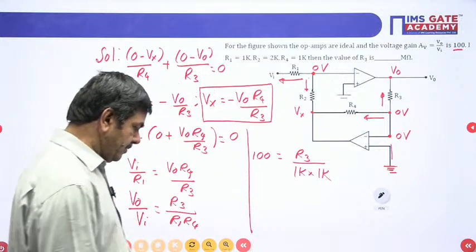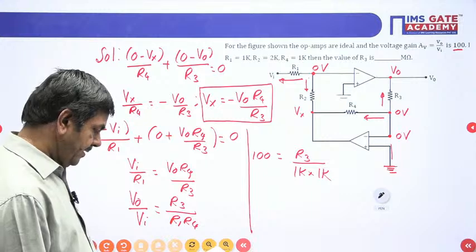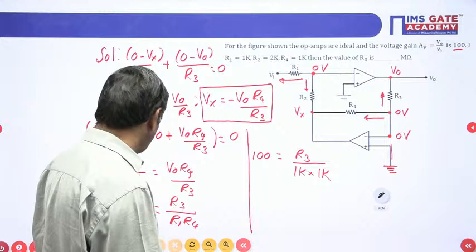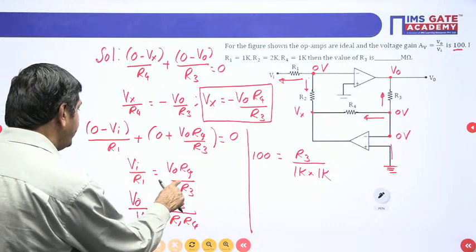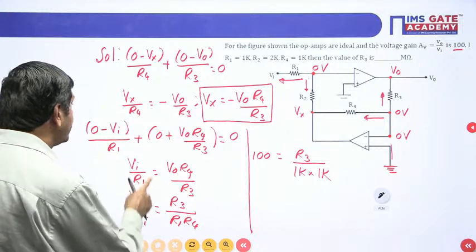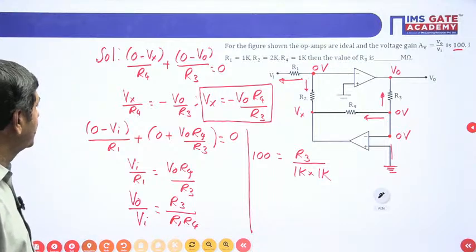What value is possible here? Are you getting like this now? But R3 has one more value there. V0 by Vi equals R3 by R2 R3 only now. R2 is lacking somewhere. You check it now. Somewhere it is lacking R2.